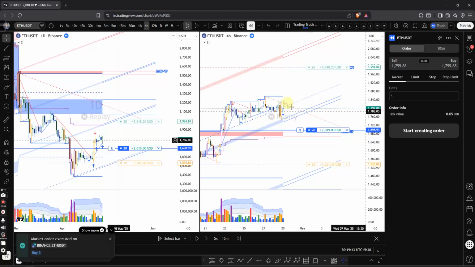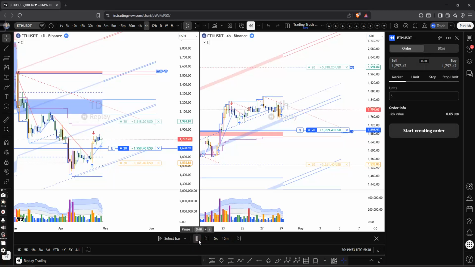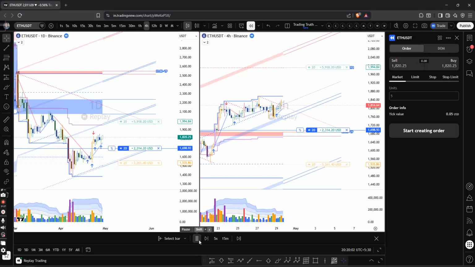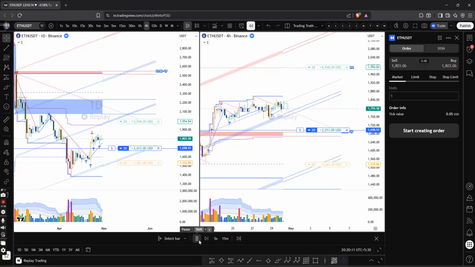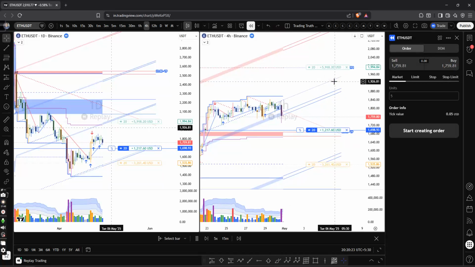So this is just a pullback on this up wave, all right? That's why I'm taking the trade. You see, it overcame the resistance, pulled back, then it's going up. It was much lower again. So around here, it's gonna get activated, and then it's gonna go up from there.